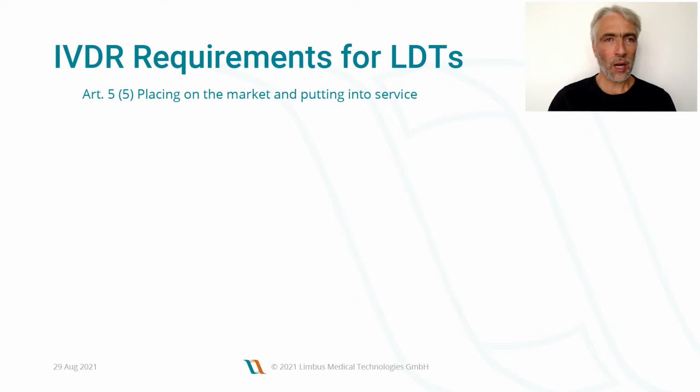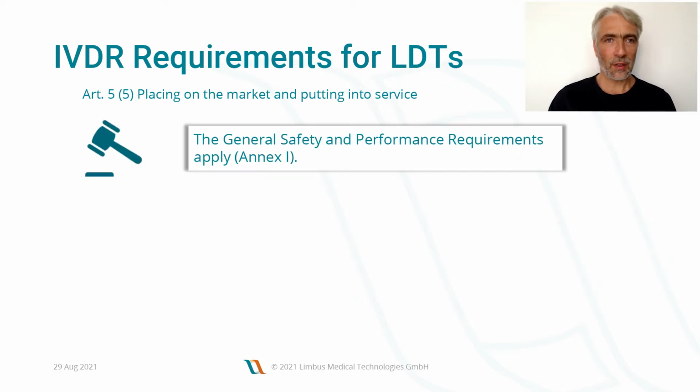And these requirements are very prominently described in Article 5 of IVDR. Article 5 states in the very beginning that laboratory developed tests must comply with the general safety and performance requirements. And those requirements are very comprehensive.